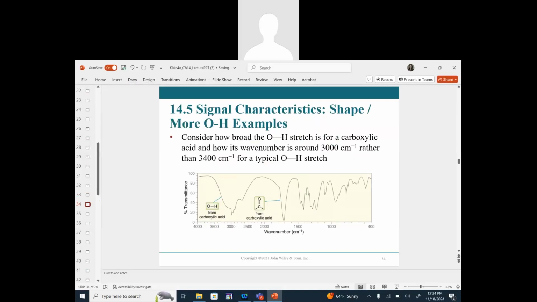But we can see that for our carboxylic acid, the wave number starts around 3,000 rather than 3,400 reciprocal centimeters for what they refer to as a typical OH stretch, that of an alcohol. But now we have this OH stretch in a carboxylic acid in this area here.